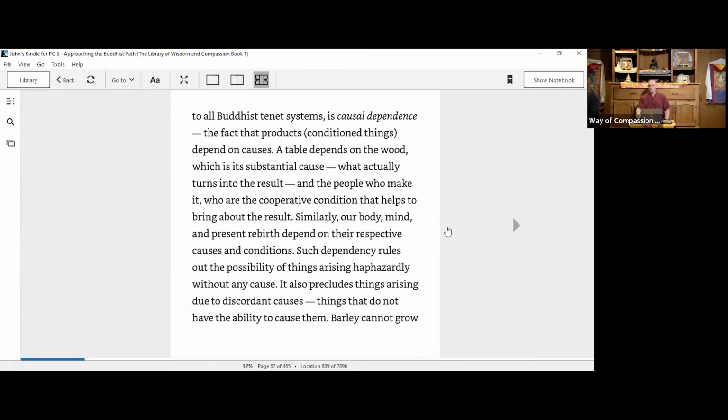If you didn't have a seed for a tree, it doesn't matter how much soil, water, nutrients, it doesn't matter. You're not going to have a tree. But as he's pointing out, the people who make, in this case, the table are the cooperative condition that helps bring the results.